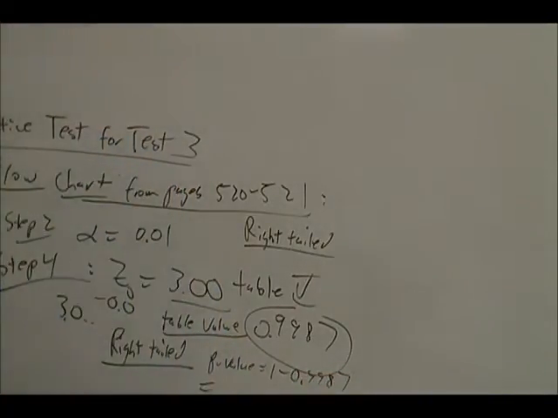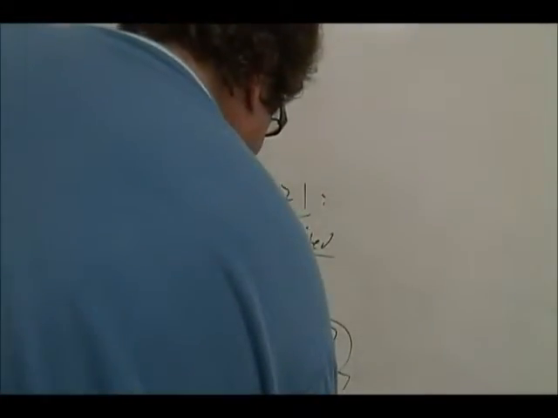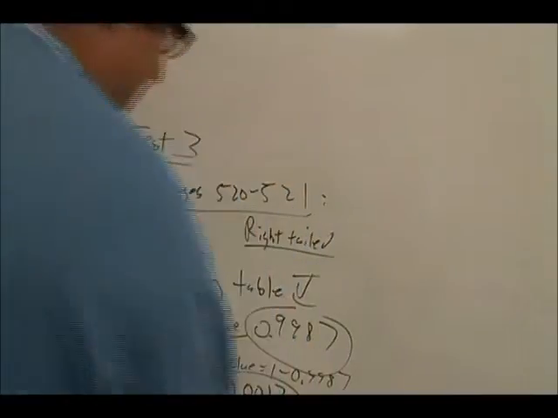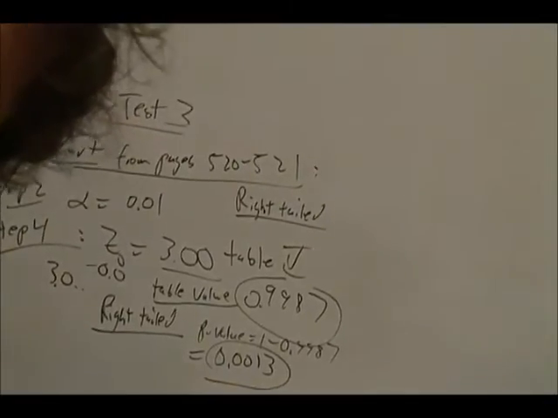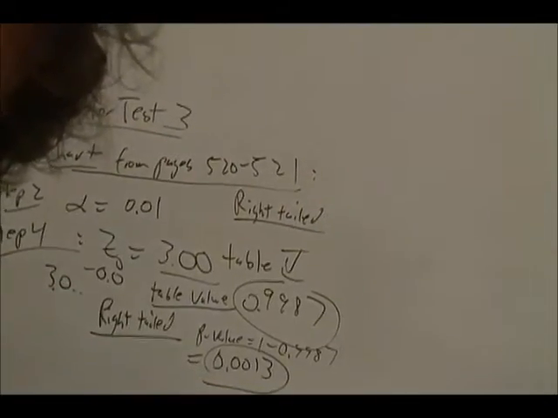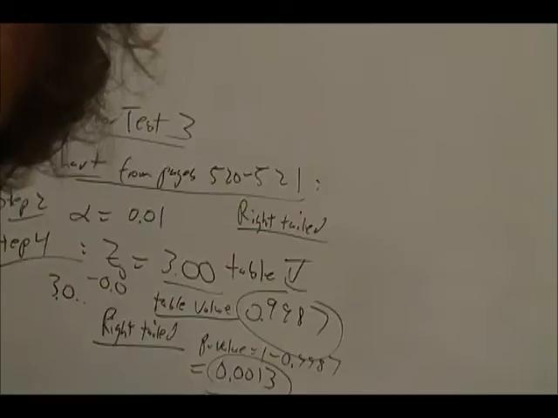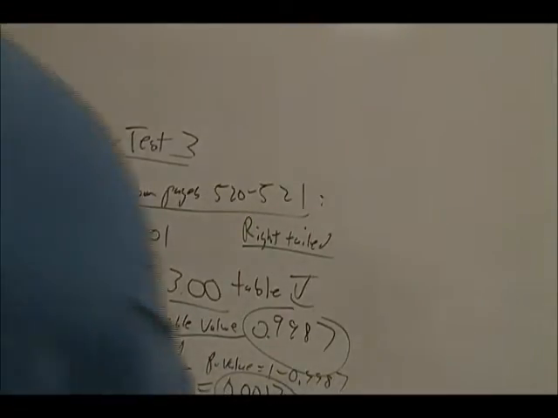So our p-value comes out here to be 0.0013. So that's the p-value for this test. And this is all written. So we do 1 minus the table value because we're right-tailed, and our p-value is 0.0013. All this is in the solution key.